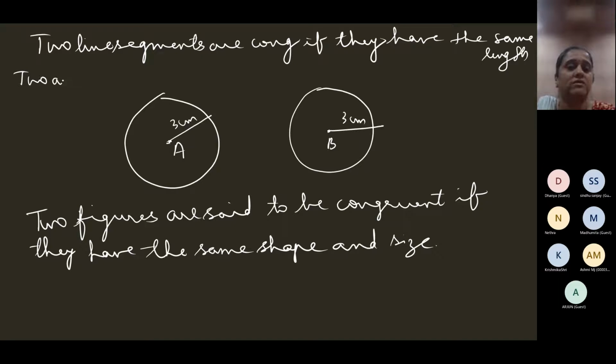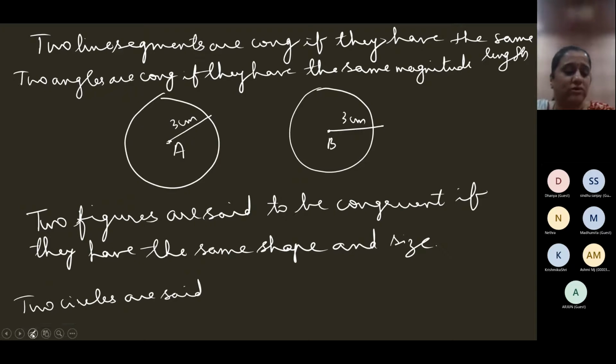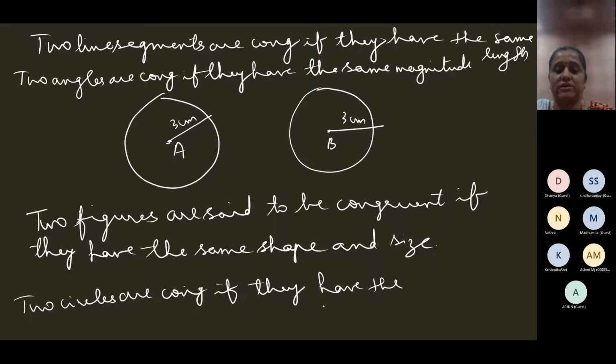Two angles are congruent if they have the same magnitude. Then I'll write here, two circles are congruent if they have the same radius.